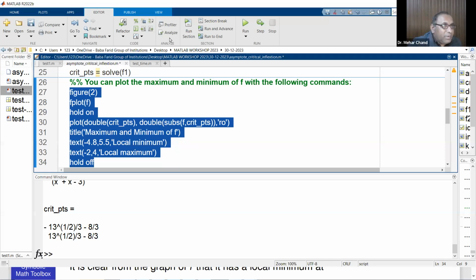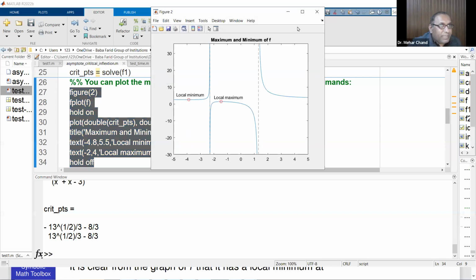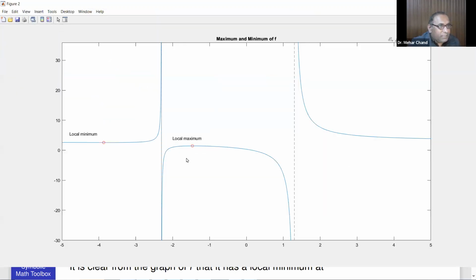You will run from this place. Now you will get the second image. Yes, check it. This is the local minimum at this place, and this is the local maximum at this place, and you can see the corresponding values.